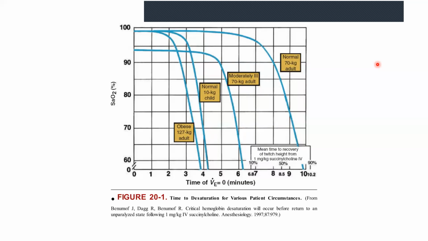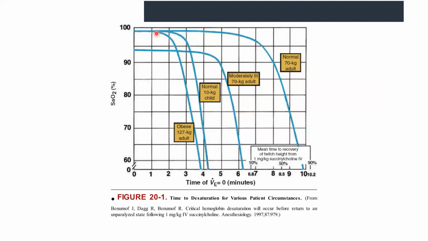So this is the graph of time to desaturation for various patient circumstances. So as you can see here, the shortest apneic time where patient dia akan desaturate kalau dia tak nafas, the shortest time is adult patient yang obese. Obese patient dia akan desaturate about 4 minutes.